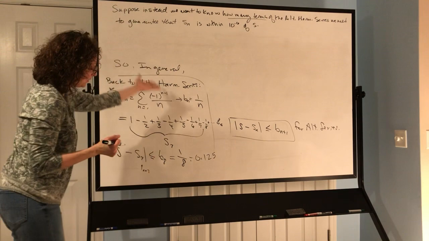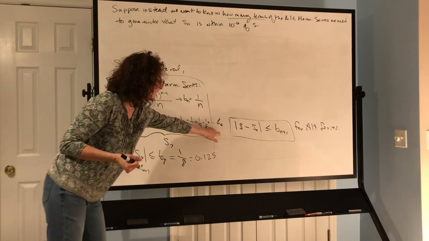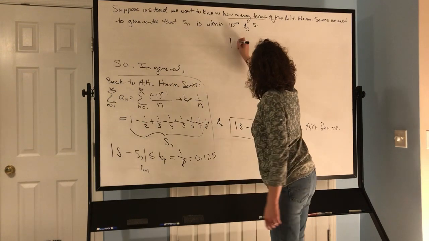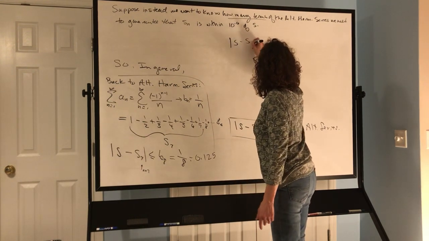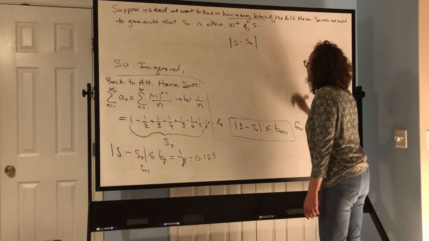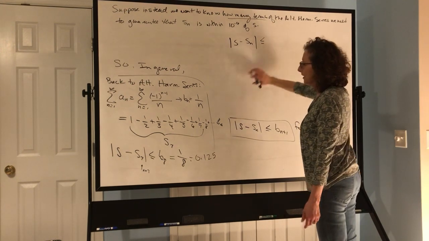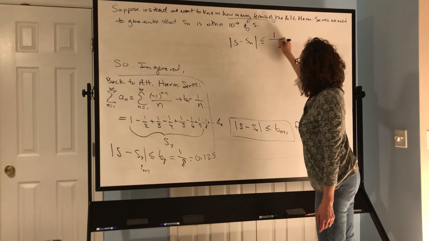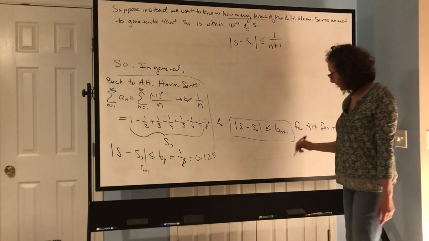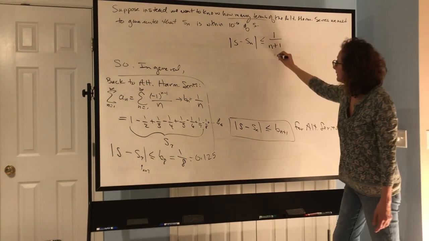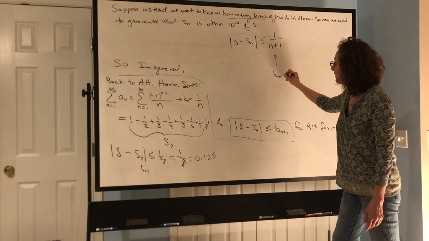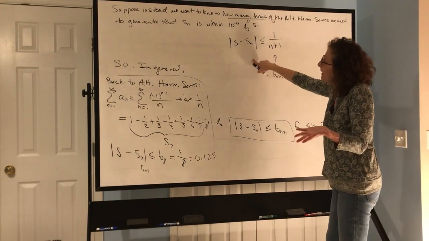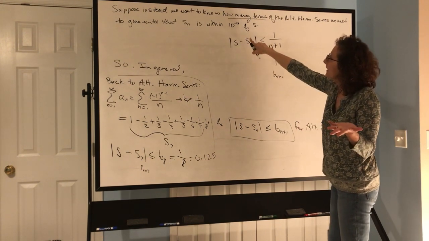So how would we do this? We would utilize this idea. This says that the distance between S and Sn is less than or equal to b sub n plus 1. What is b sub n plus 1 for this one? 1 over n plus 1. We know that is going to be true, and we want that to be less than 10 to the negative 6.